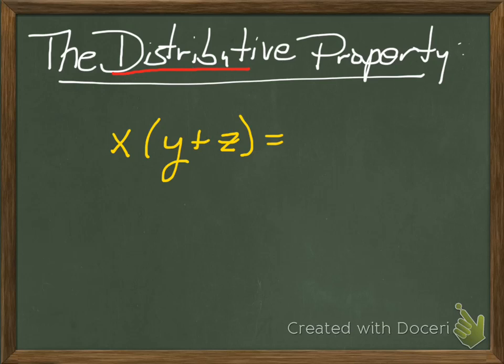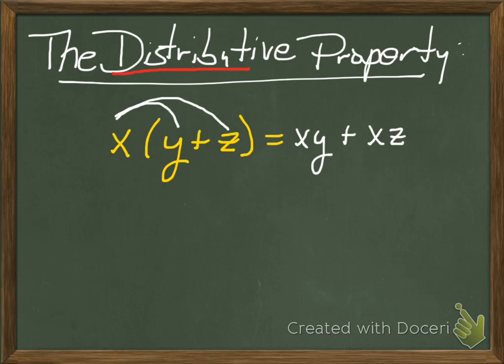Well, what if that's not possible? Is there another way to do it? And the answer is yes. Since x is multiplied by the whole sum of y plus z, we can break this down and first multiply x times y, and then multiply x times z, and then add them together after the fact.